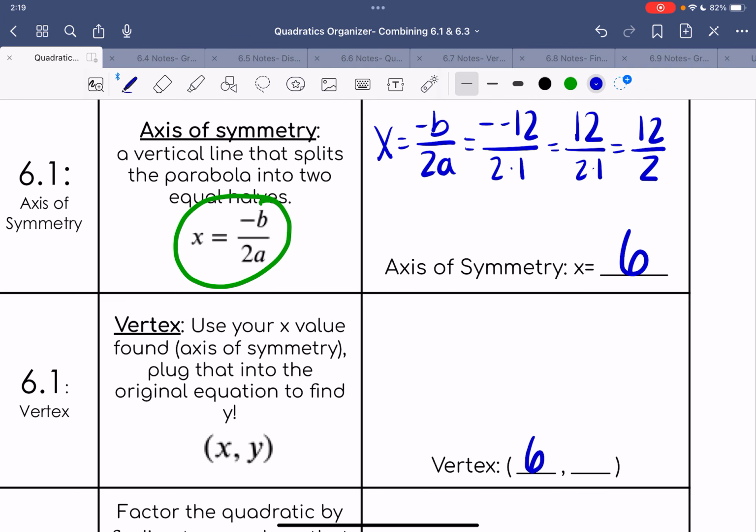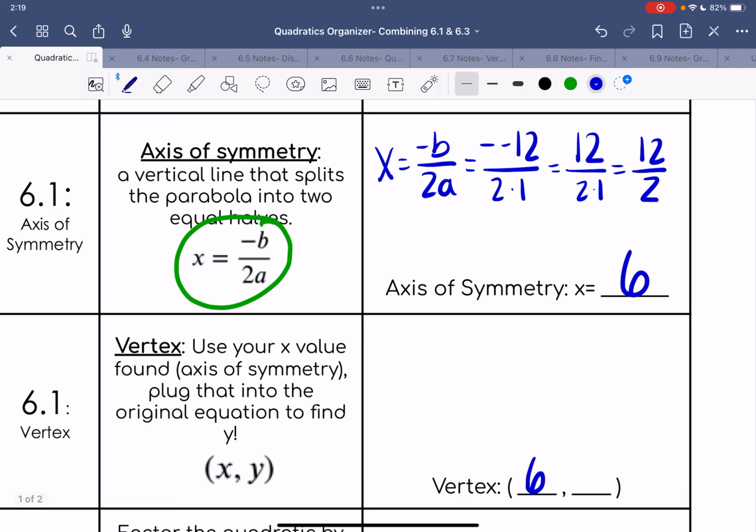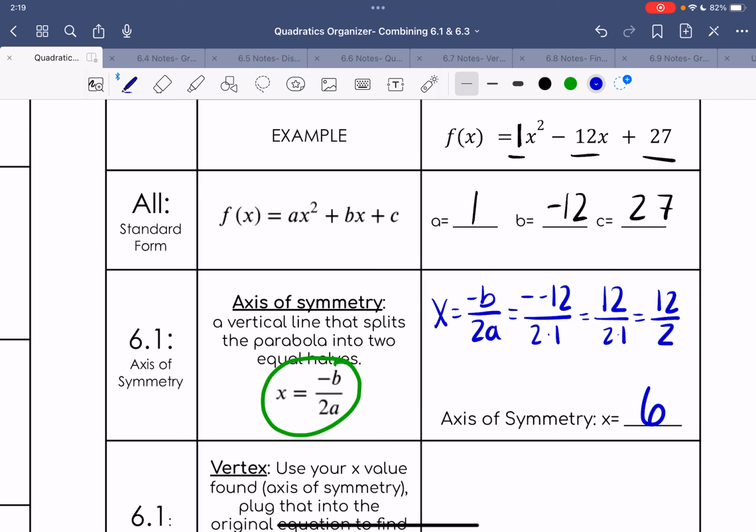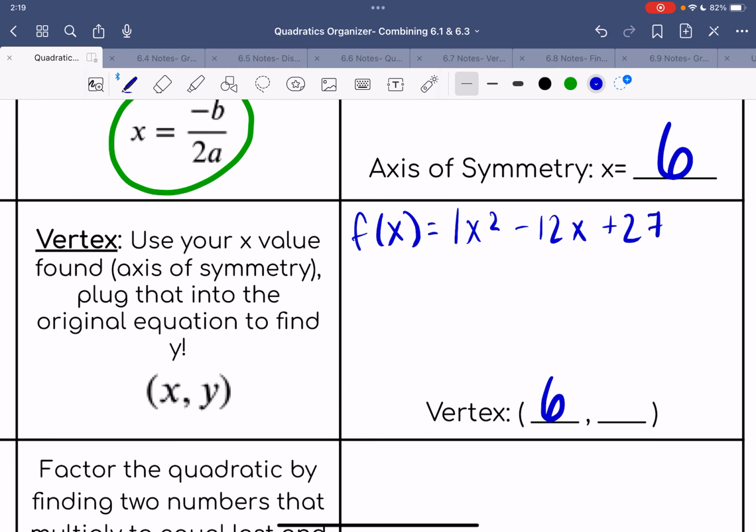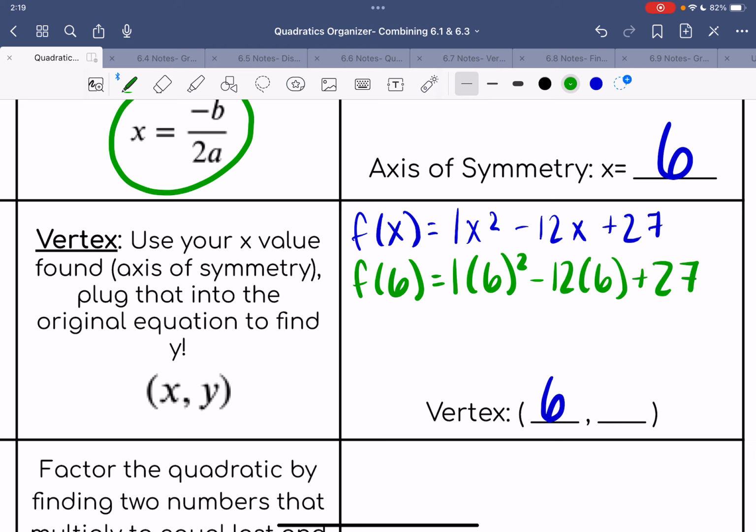To find the y value, I need to plug that 6 into my original equation. So let me scroll up and write down my original equation real quick. I've got f of x equals 1x squared minus 12x plus 27. So we are now going to plug in 6 to that equation. So we'll be finding f of 6. So that'll be 1 times 6 squared minus 12 times 6 plus 27. 6 squared is 36, and then 1 times 36 is also 36.